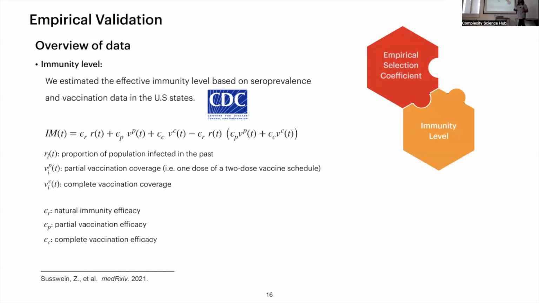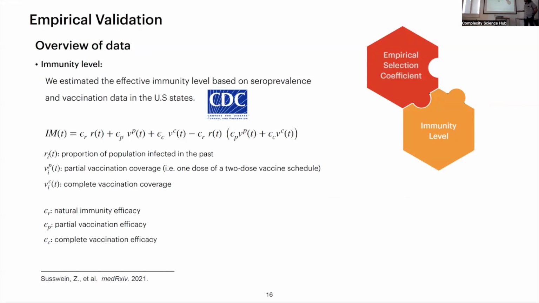We assume that immunity level consists of two parts, natural immunity and immunity due to vaccination. Natural immunity can be estimated with seroprevalence data. And for vaccination, we consider two types of immunity as well.